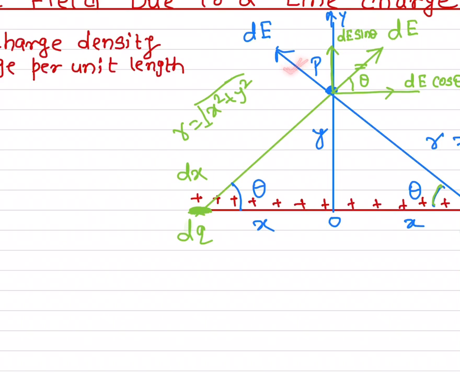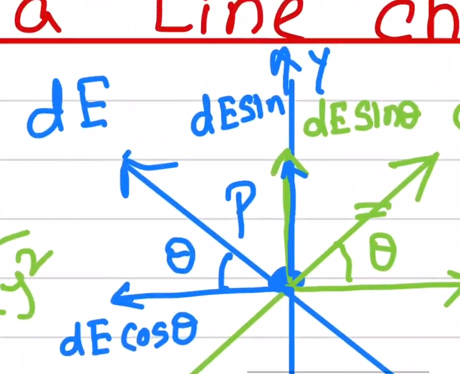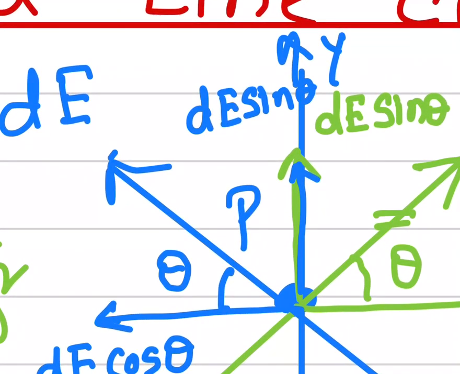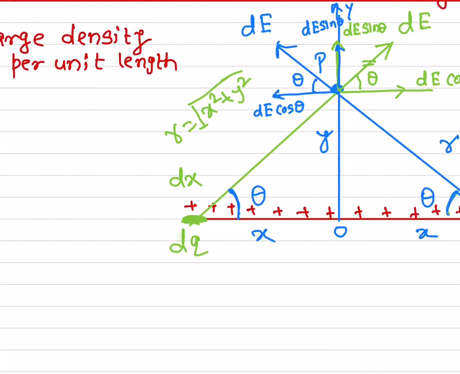Let's do the same thing for this electric field. We are again going to resolve it into two components. One component will be along the x-axis, and this angle is again theta, so this component will be dE cosine theta. And this component here will be dE sine theta.